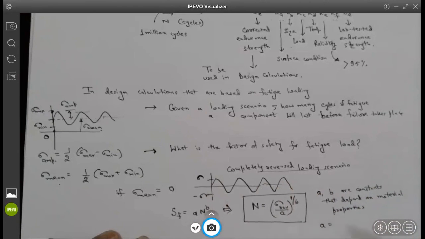A is given by (f S_ut) squared divided by S_e, and B is minus 1 over 3 log of f S_ut divided by S_e.